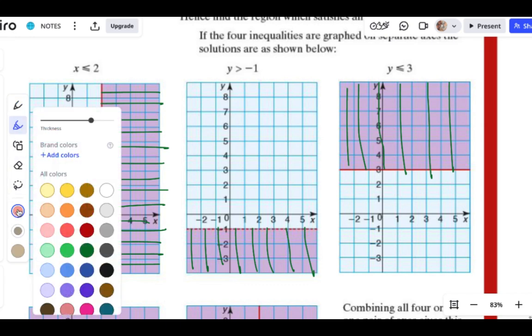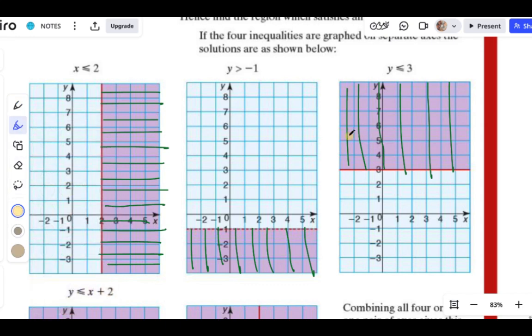I think this one will be better for shading. Something like this, okay? This is the meaning of shading. Shade this region, which does not satisfy the inequality.